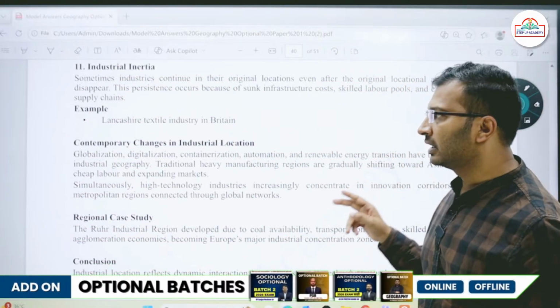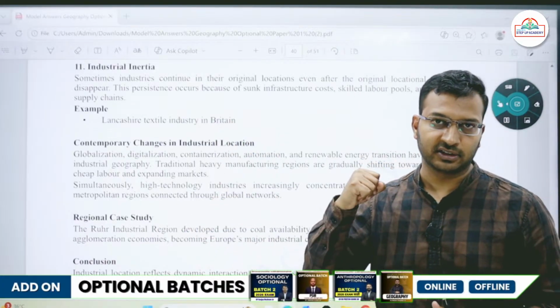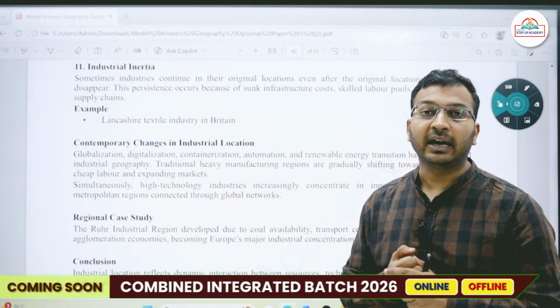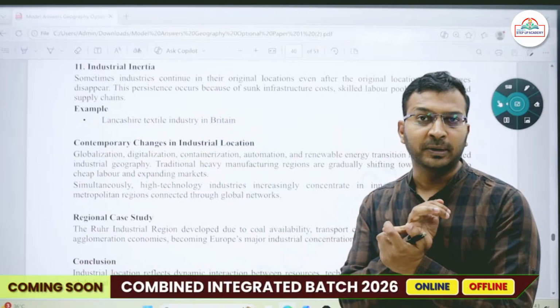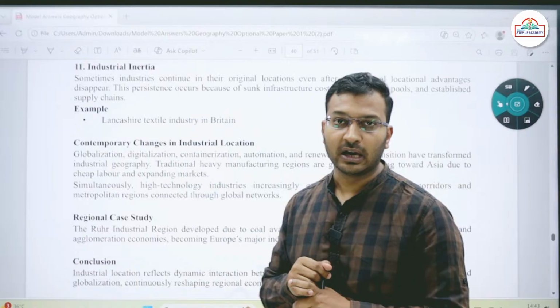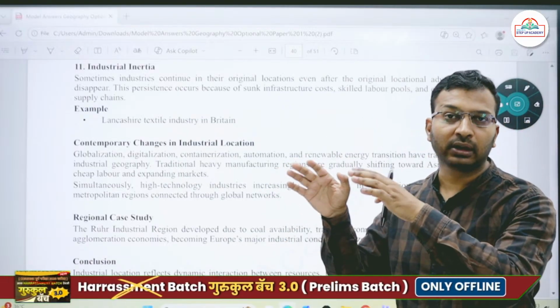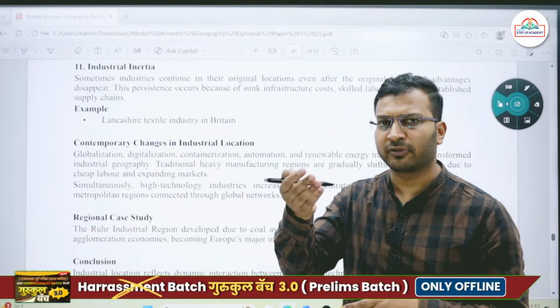But there are some contemporary changes in industrial location because of digitization, globalization, and the important term containerization. Nowadays there are multimodal hubs present. Just now we talked about, for example, Varanasi.